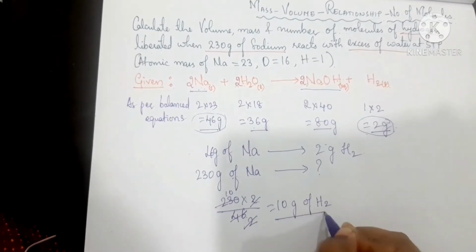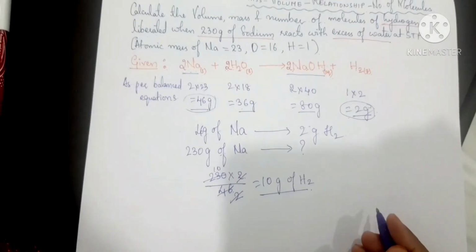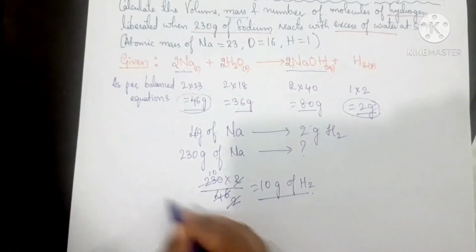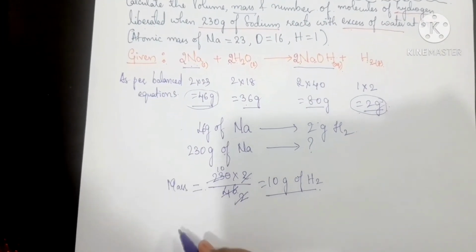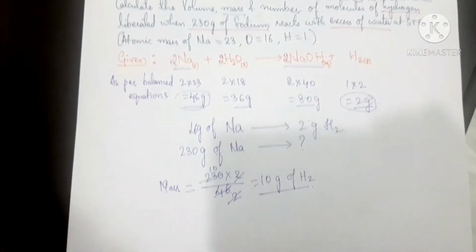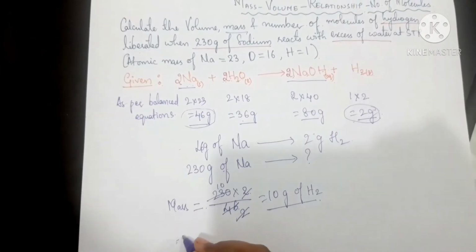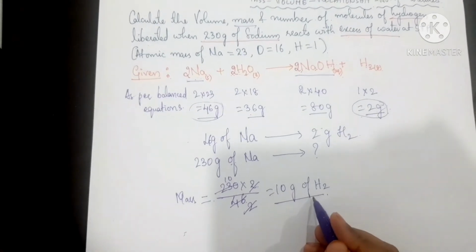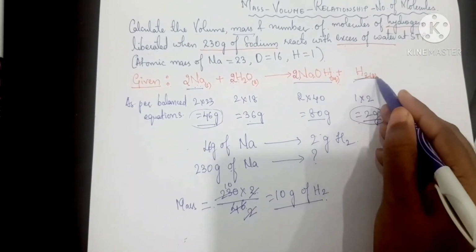Now that I know how many grams of hydrogen we get, mass is 10 grams. Now the remaining two we need to find out: volume and number of molecules. Coming to volume, there is a concept that 1 mole of hydrogen is 22.4 liters, and according to this equation we have only 1 mole.